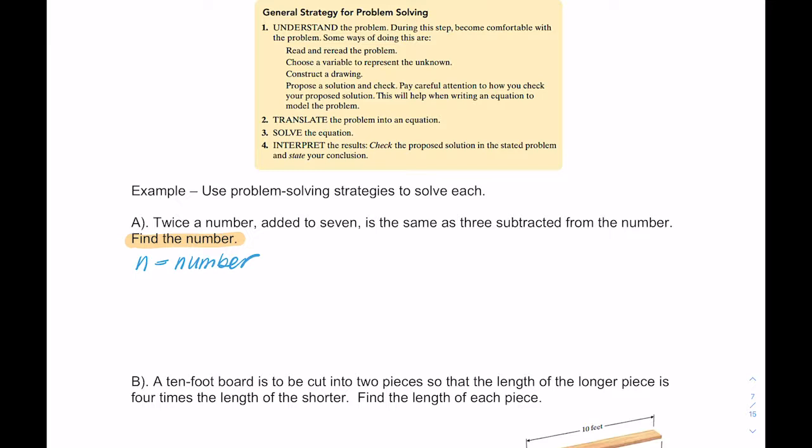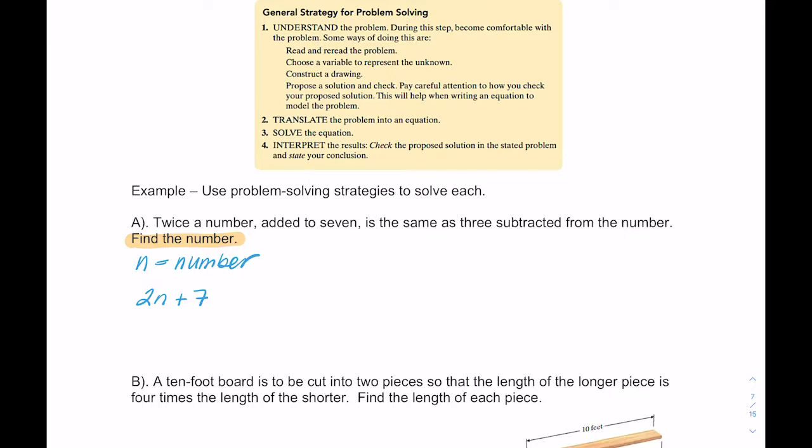Now we need to translate the problem into an equation. So twice a number added to 7. Twice, remember, means to multiply by 2. So 2 times that number, 2n, added to 7, means I'm just going to put plus 7. And then remember, when you see is the same as, think about what that means if we were to write an equation.